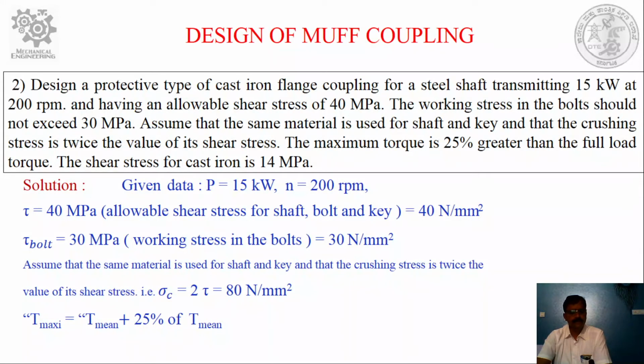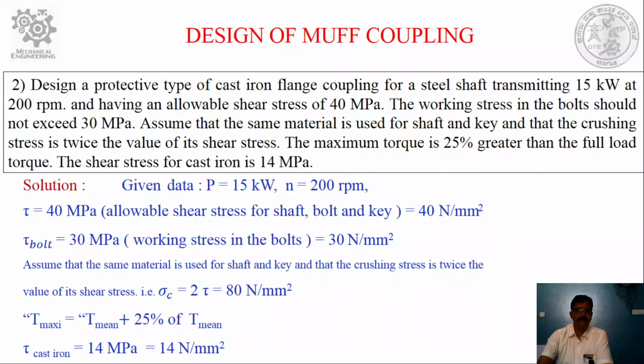Here, the maximum torque to be transmitted, from the power transmission, T is equal to the average torque or the mean torque. While designing, we are going to use the maximum torque, that is T mean plus 25% of T mean, that is T maximum is equal to T mean into 1.25. Now the allowable shear stress for the cast iron is 14 megapascal.